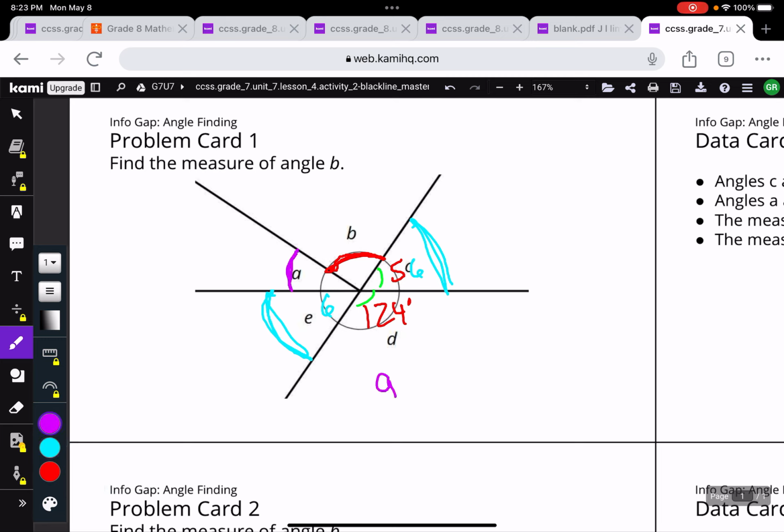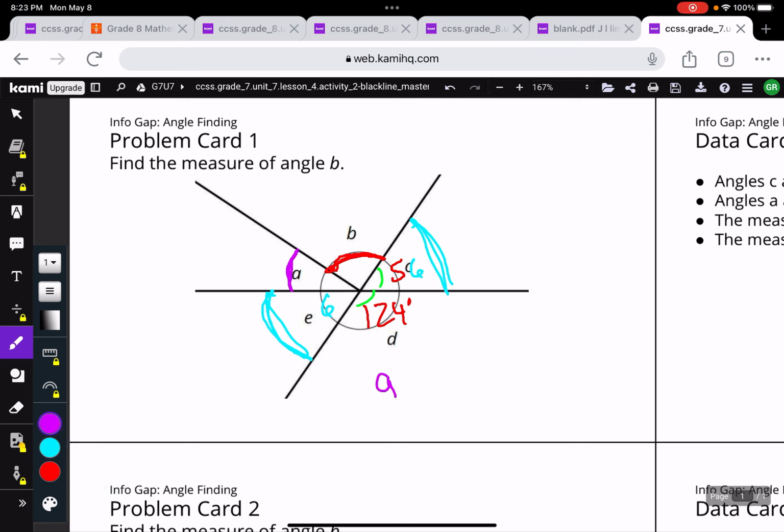So 56 plus that 34, that's a 90. Plus B equals 180, which must mean if we subtract 90 from each side of the equal sign, B must be 90 degrees. A lot going on there, but very doable. You just got to plug in all the numbers, and then you got to recognize straight lines and opposite angles or vertical angles, and complementary means add up to 90. Very doable. So let's look at this last one.